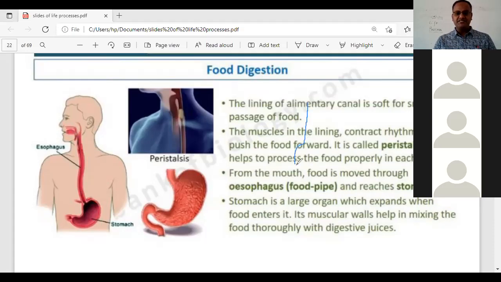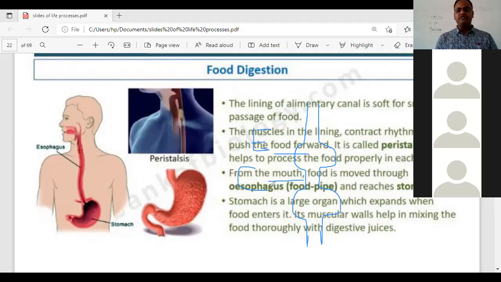So peristalsis means like this: expansion, then contraction, expansion, then contraction. This is the expansion and this is the contraction. Got it, student? That is why the food very easily reaches our stomach.